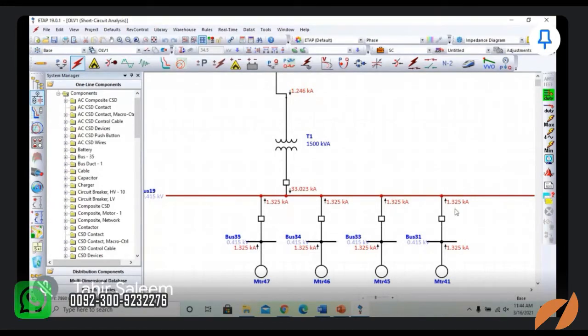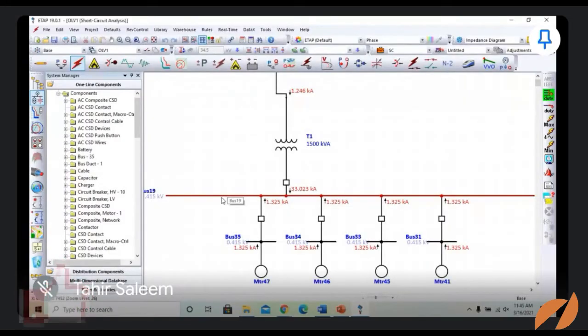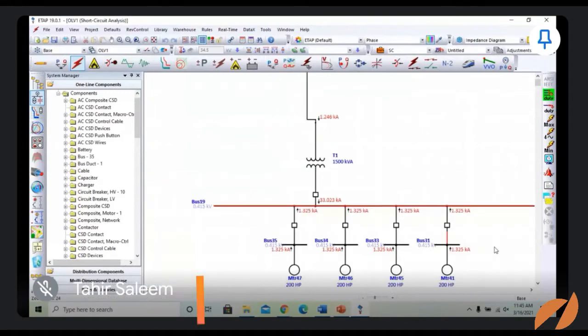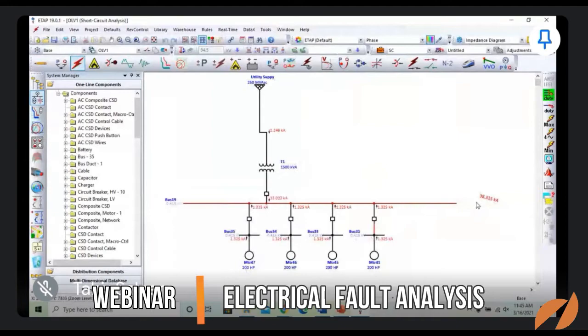We have four motors, so each will contribute, and this bus bar will have a total short circuit current of, let me show it to you, 38.315 kiloampere, that is 38,000 ampere of short circuit this bus bar will be carrying in case of fault.